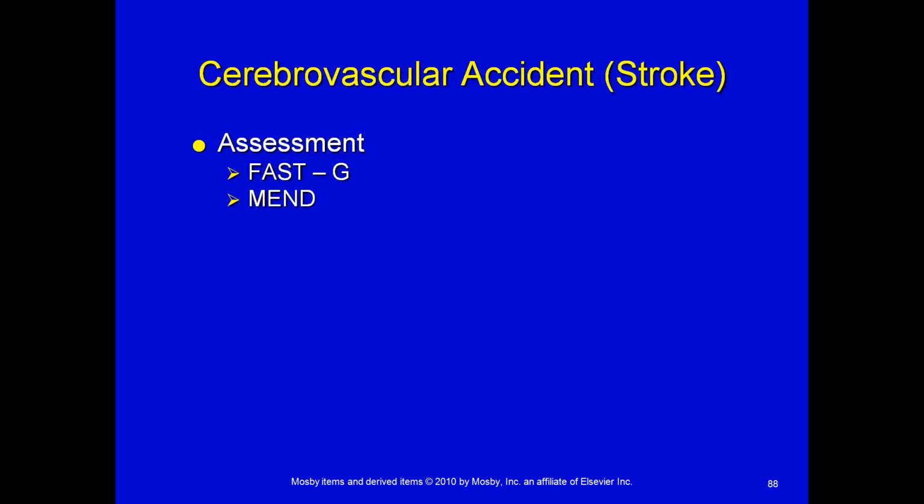We're able to rule out the difference between dysarthria, which is difficulty speaking, and aphasia, which is no speaking at all or speaking the wrong words, because those are 2 different types of speech patterns you'll get with strokes.